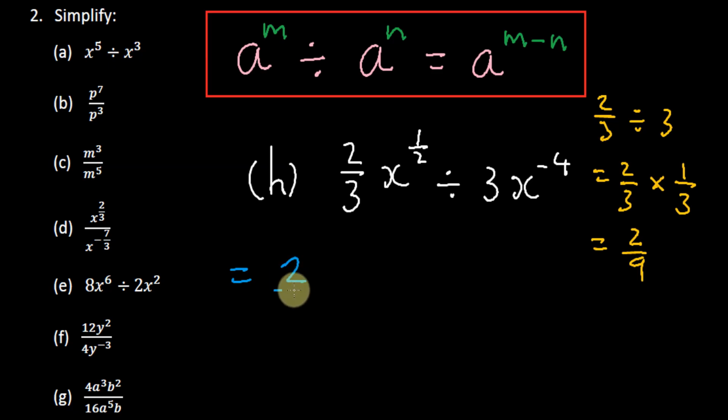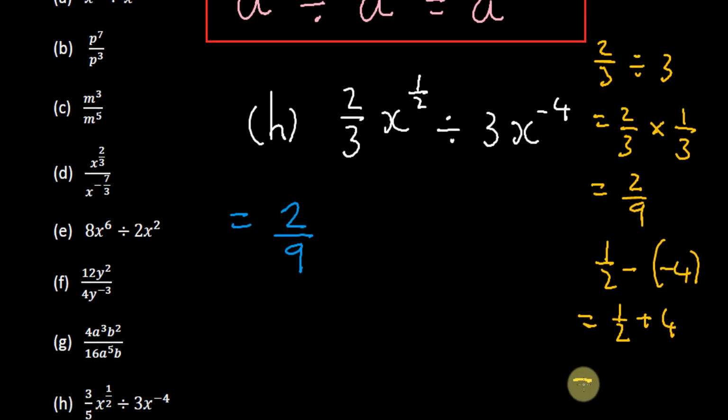Then when we divide the x's, we can subtract the powers. So we're going to take a half minus negative 4, which is a half plus 4. And we know this is equal to 4.5, or 9 over 2. So the answer then will be 2 over 9 x to the 9 over 2.